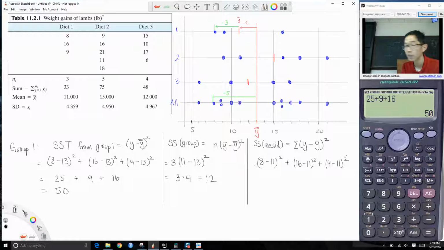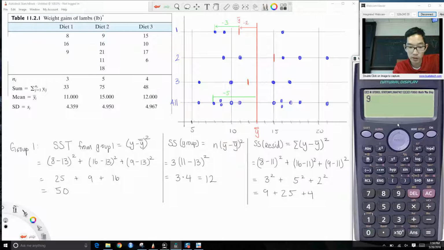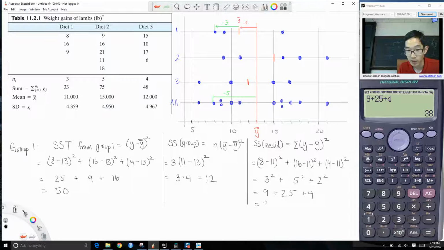So here we would have 8 minus 11, so 3 squared, 16 minus 11, 5 squared, and 9 minus 11, 2 squared. So I have 9 plus 25 plus 4, and I have 38. And so indeed 50 is equal to 12 plus 38.